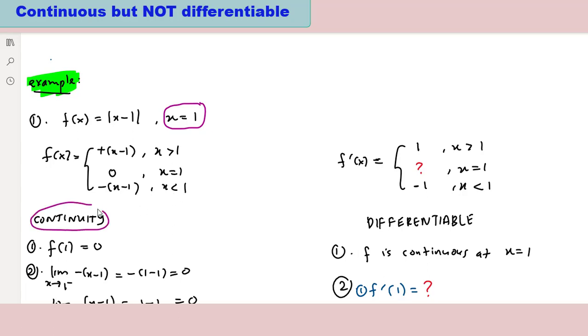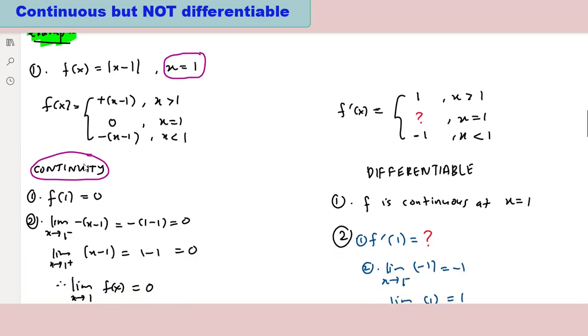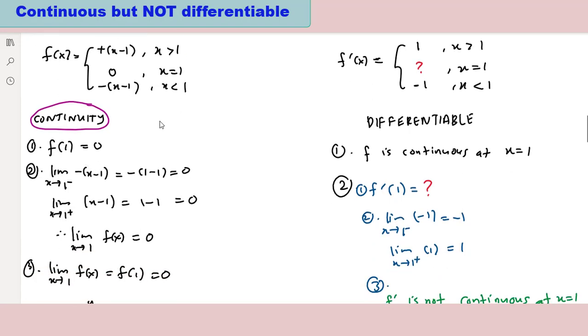For continuity, we need to follow the 3 steps. First, is f of 1 defined? f of 1 is when x is equal to 1, so f of 1 is equal to 0.